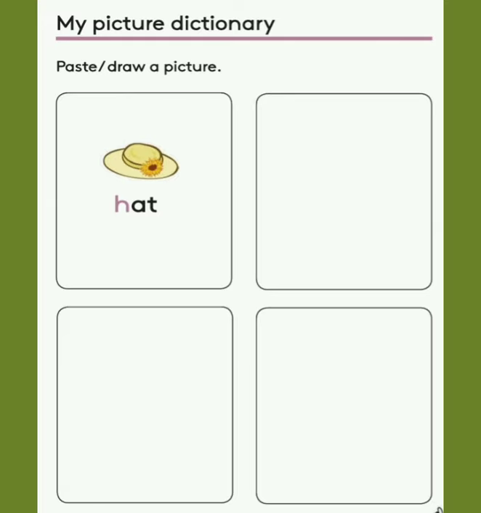Likewise, you have to paste it out and you have to name it out. If you paste a hen, then you have to write hen. Likewise, you can either draw a beautiful hen and you can color that neatly, and you have to write the word hen. So you have to fill 3 boxes. They have given empty 3 boxes, so it is your time to do that.